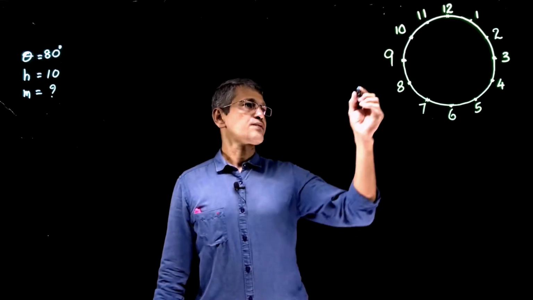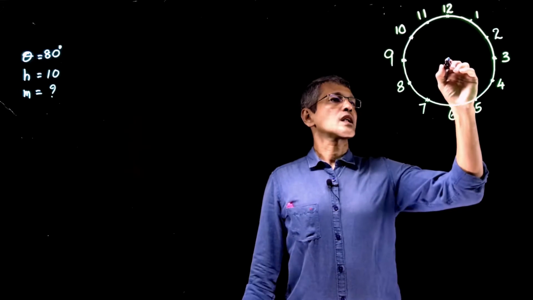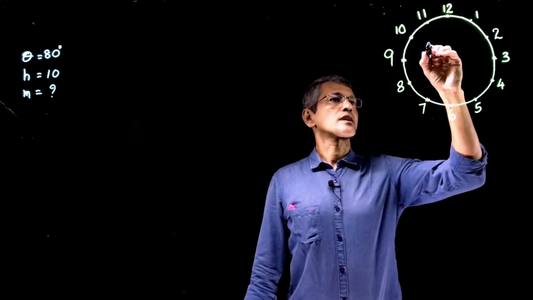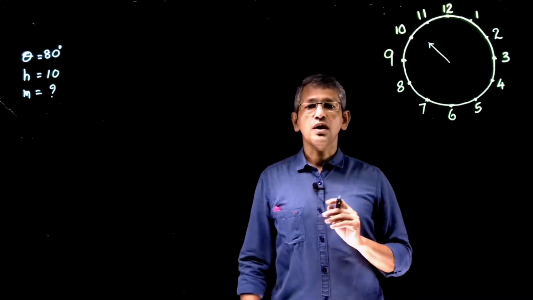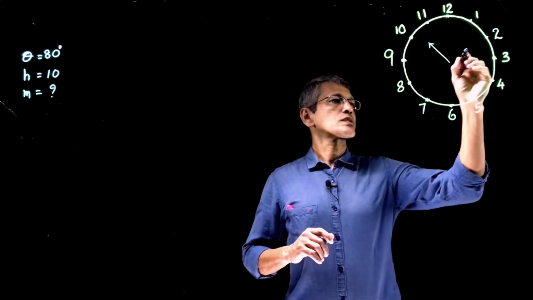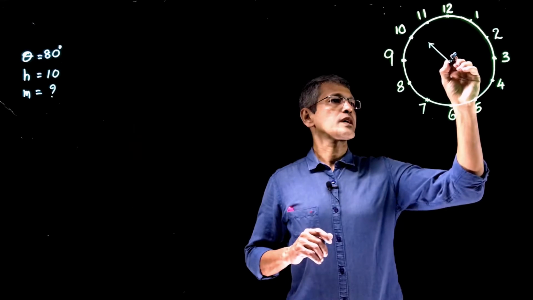If the time is between 10 and 11, definitely the hour hand of the clock is between 10 and 11, right? So let's draw the hour hand here, between 10 and 11. And the minute hand must have the angle of 80 degrees. So this is 90 degrees, so 80 degrees would be slightly less than that. So this would be the 80 degree angle.